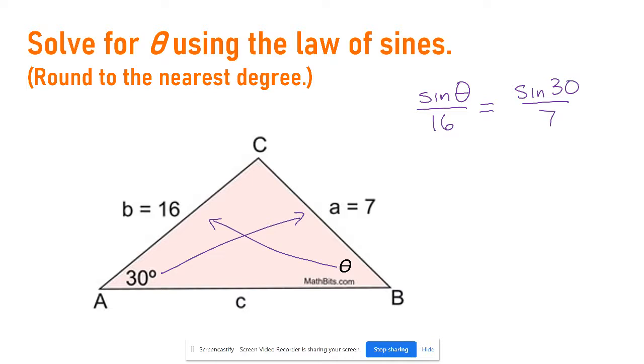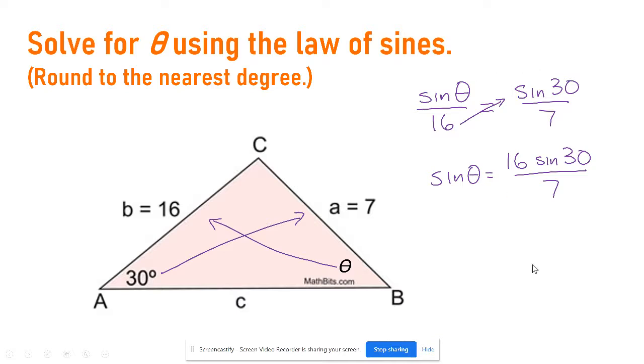And again, if we're trying to get theta by itself, or solve for theta, we just need to get rid of the 16. So I'll cross multiply the 16. We have sine of theta equals 16 sine of 30 over 7. So 16 sine of 30 over 7.